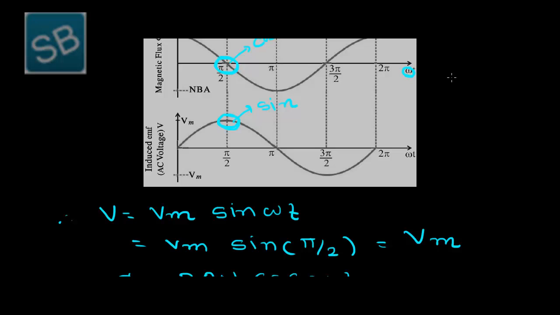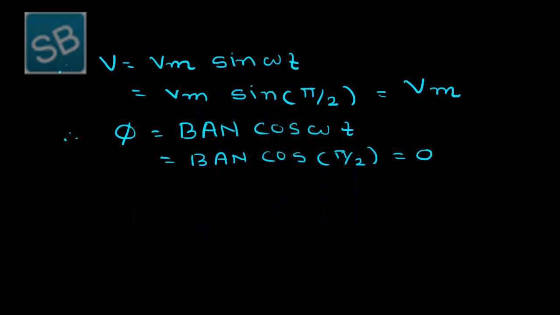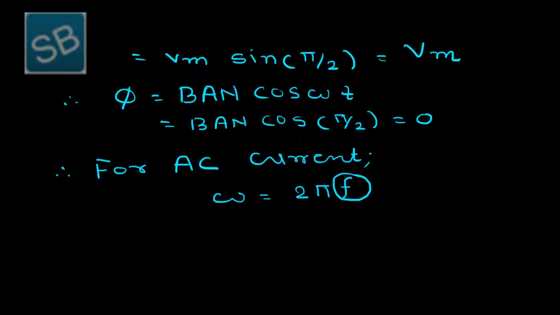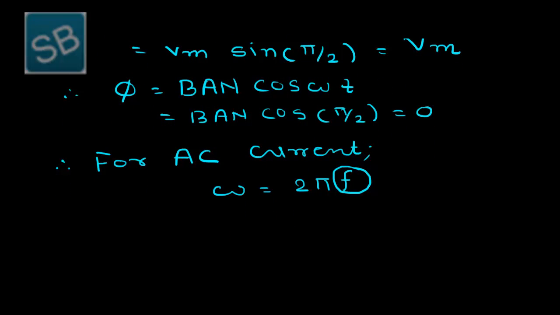Now here you have considered this omega as constant angular velocity. That means you have to choose a particular range or the frequency in which this velocity is constant. So here we are taking for AC current omega is equal to 2 pi f, where f is the frequency of revolution of the generator's coil.